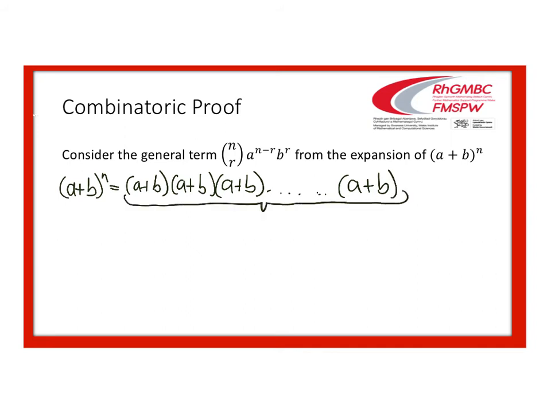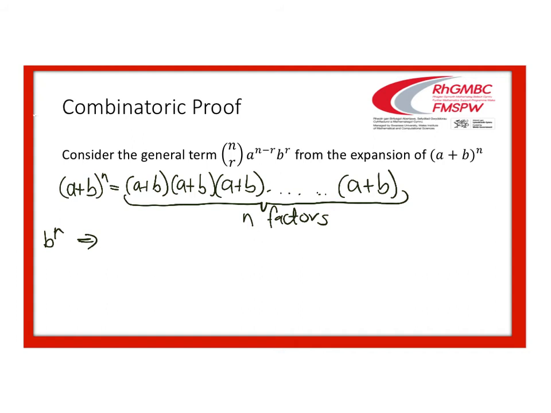So here we have n factors. Focusing on the b to the power of r term, from these n brackets containing a plus b, we must multiply together r b terms. So I'm going to choose r brackets from which I'm going to multiply b.